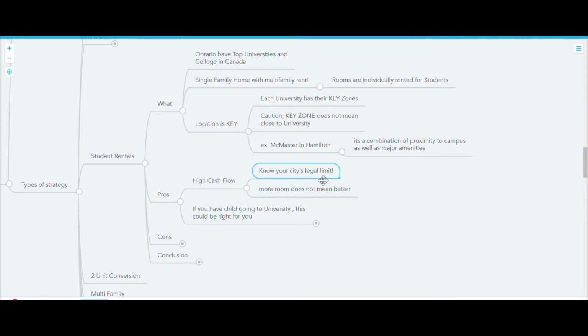Depending on the city, the bylaw officer might be knocking on your door if you have 10 rooms or 8 rooms in one single family home. That bylaw is different from city to city. So make sure you understand your city's requirements, so you don't buy on cash flow and realize that you're actually over the city's limit by 1 or 2 bedrooms. That could directly impact your bottom line.